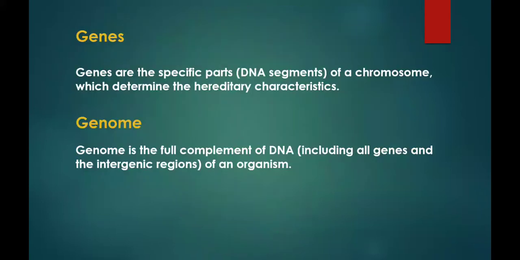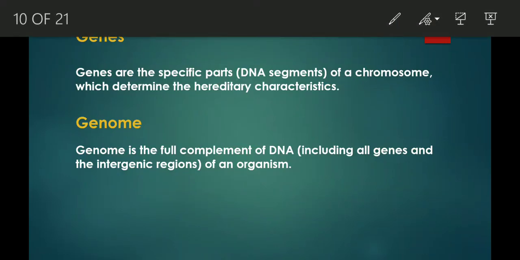Now, we have already learned that every species has a fixed number of chromosomes. However, the characteristics of a species, including the physical appearance, body functions, and behavior, are not simply the outcome of chromosome number, but the result of units called genes, which are present on the chromosomes. Genes are specific parts of the DNA segments present on the chromosome, and these genes determine hereditary characteristics.